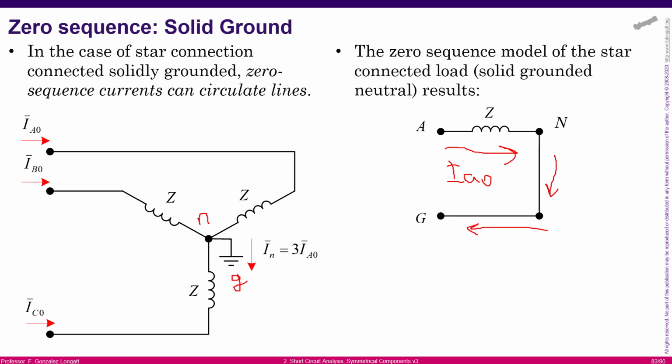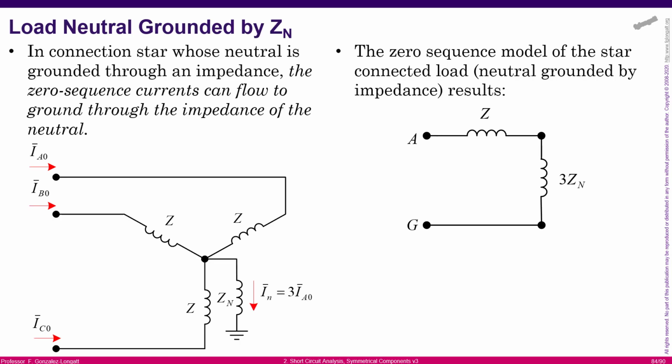Okay, now let's move to another interesting connection. In this connection, as you can see over here, we have now a neutral point, but in this case, the neutral point is connected to ground using an impedance, and that is the neutral impedance.